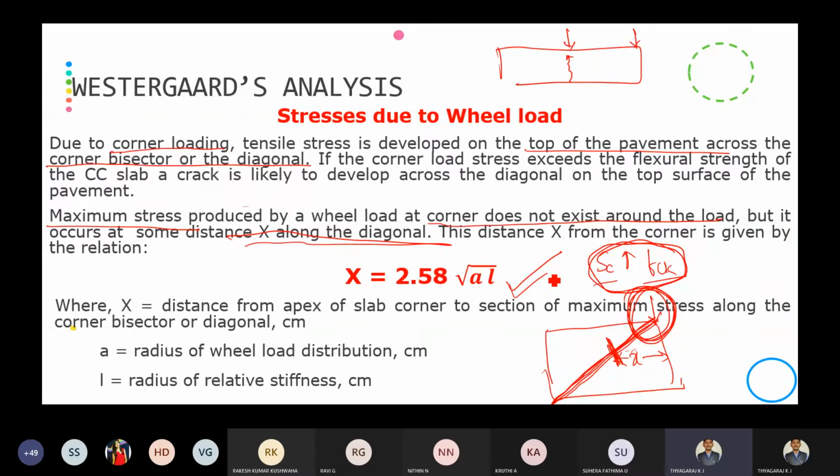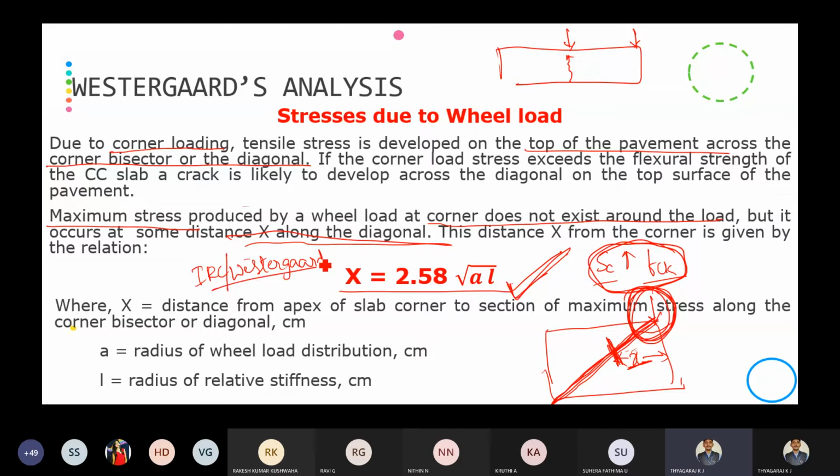That cracking can be determined using this formula. So remember, the crack will not develop below the load only. At a certain distance along the diagonal, the crack is going to develop. That distance from the corner where the crack is developed can be calculated using this formula, which is specified by IRC and derived by Westergaard.